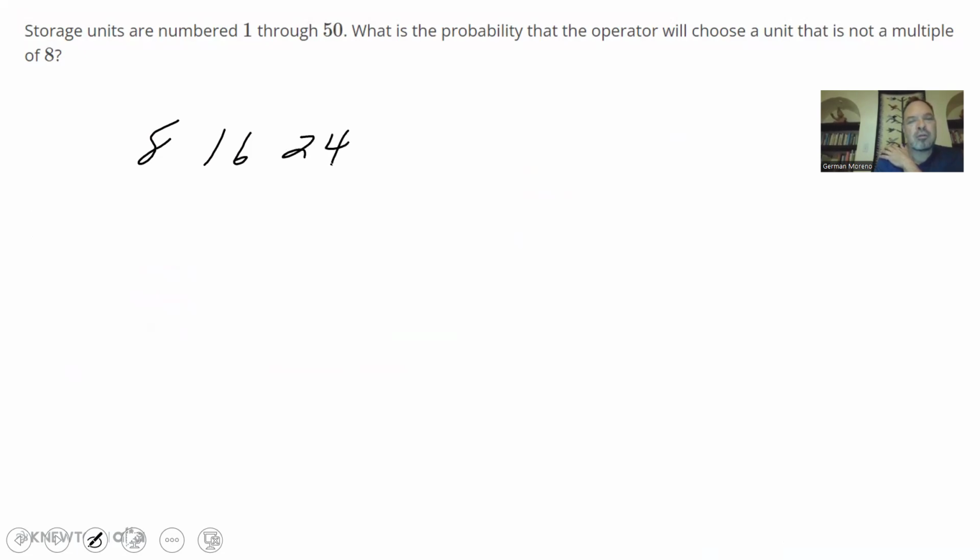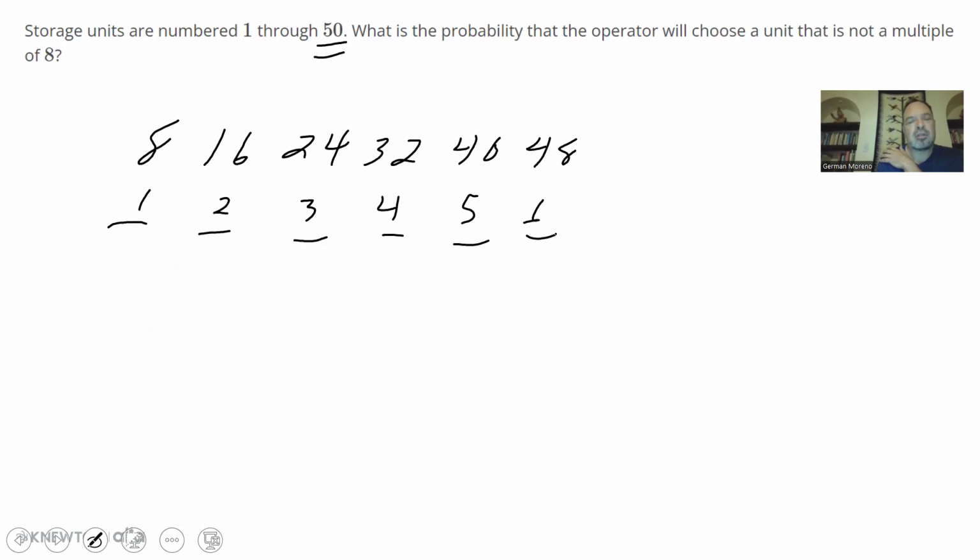Those are pretty easy to list, especially since we're only going to go to 50. 8 times 4 is 32. 8 times 5 is 40. And 8 times 6 is 48. So there are 1, 2, 3, 4, 5, 6 things. This is just an index to count, right? So there's 6 of them.